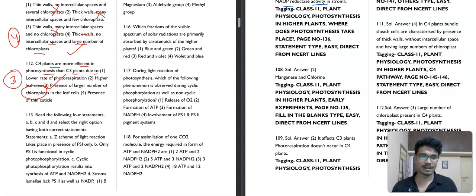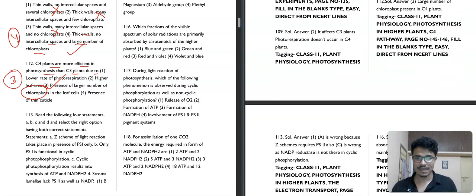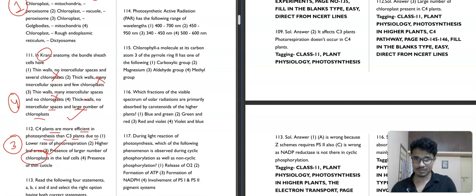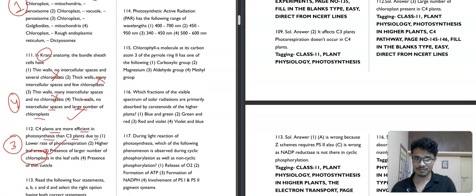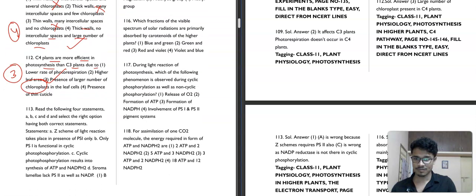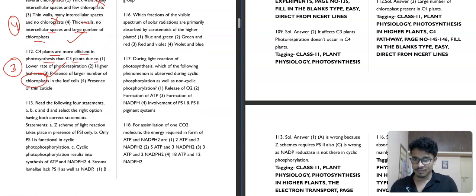And question number 113. It is saying: read the following 4 statements A, B, C, D and select the correct option having both correct statements.